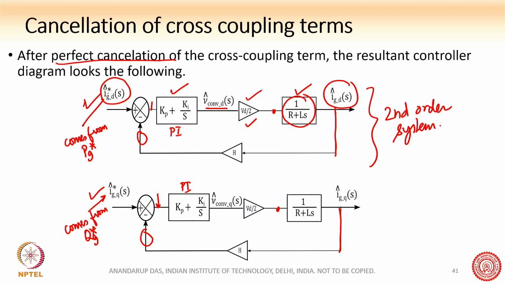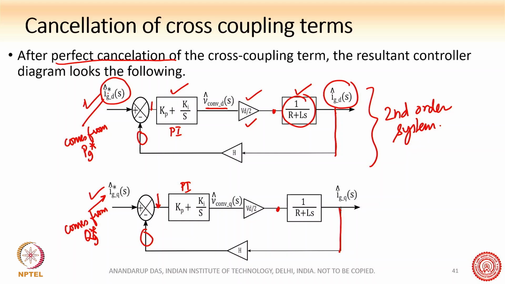So you can understand that by doing several approximations and some assumptions, we have been able to reduce this complex system into a nice second order system.